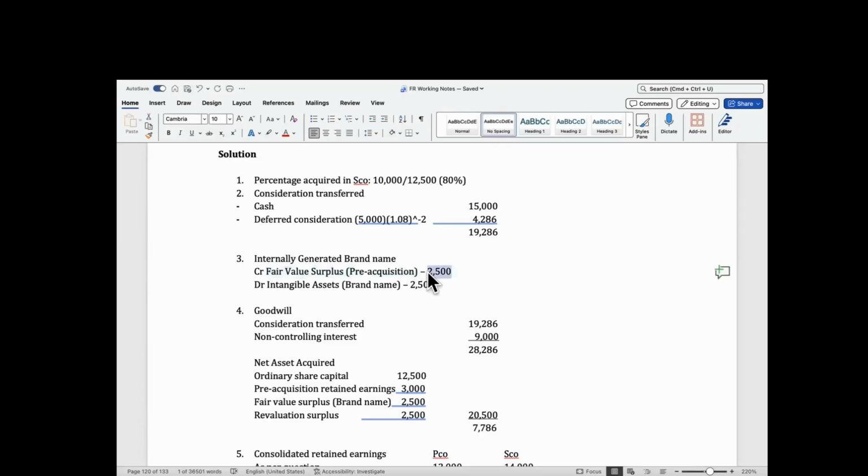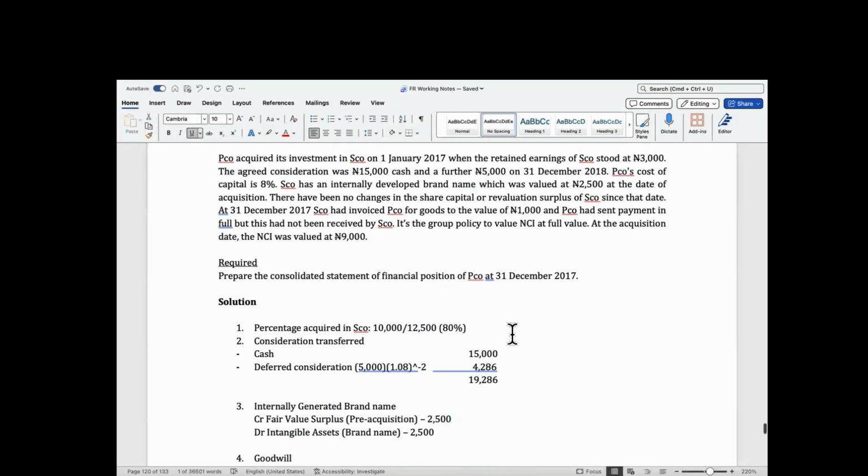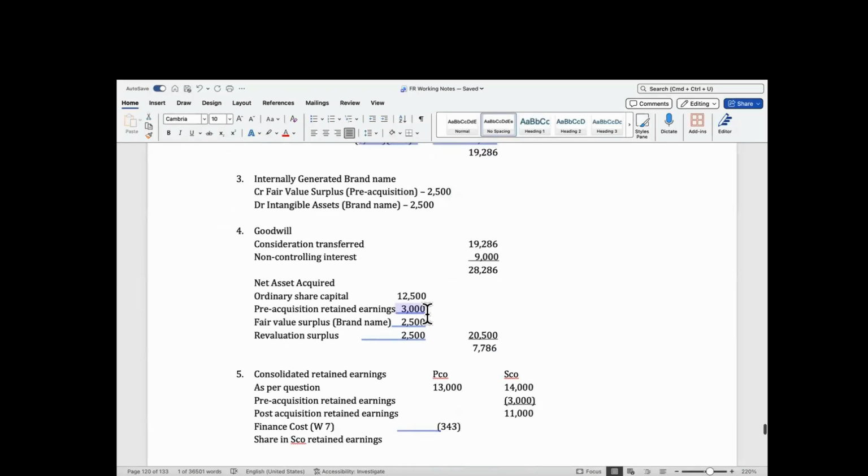So let's do our cancellation. The consideration transferred computed is this, which is this 19,286. The NCI value was given to us straight as 9,000. So the total consideration is this.